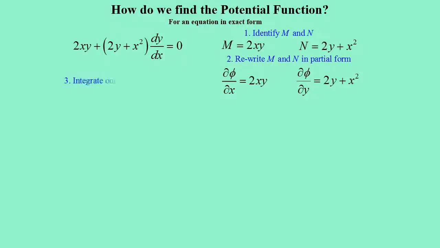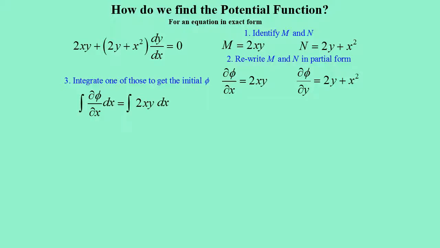We're going to choose one of those, it doesn't really matter which, and integrate. For example, if we choose the partial of phi with respect to x, we want to integrate that with respect to x. Now, had we chosen the partial with respect to y, we'd want to integrate that with respect to y. So we'll integrate this with respect to x.